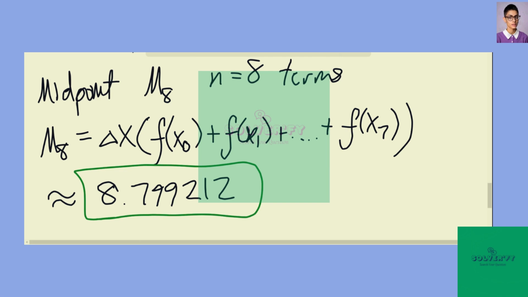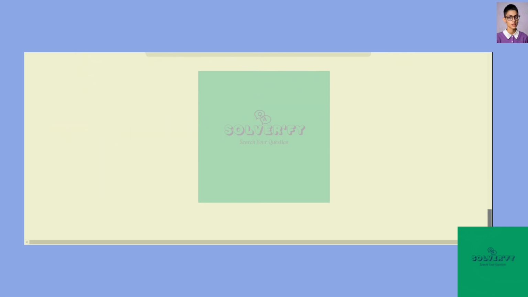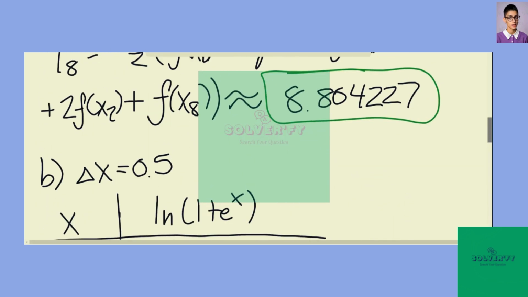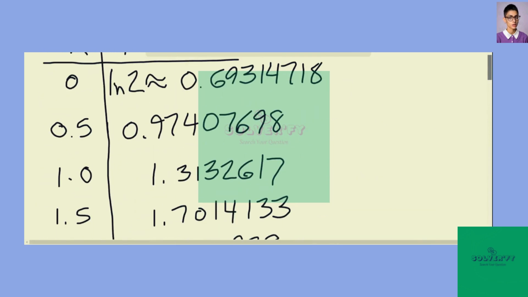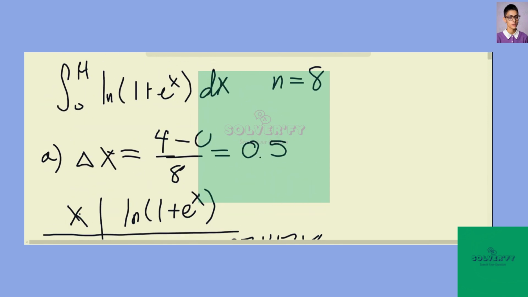Finally, in part C, we're asked to use Simpson's rule to approximate the integral. Now, Simpson's rule is pretty similar to the trapezoidal rule, so I'm going to overwrite part A here.